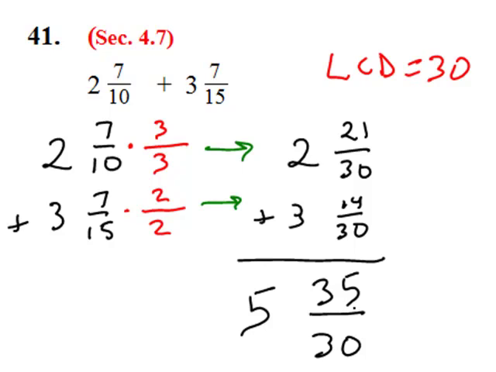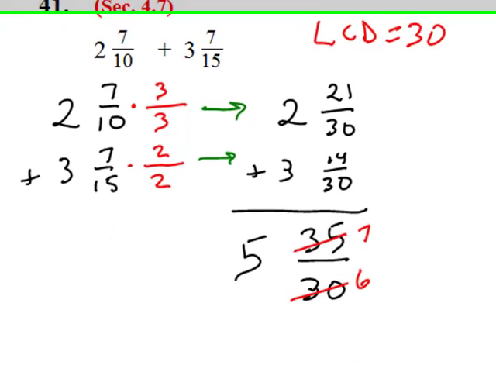We can simplify this fraction, but it's also improper. So we can do simplifying first and then take care of the improper fraction, or we can take care of the improper fraction and then simplify. It doesn't matter, but I'm going to simplify first. So I'm going to divide 5 into 35 and get 7, 5 into 30 to give us 6.